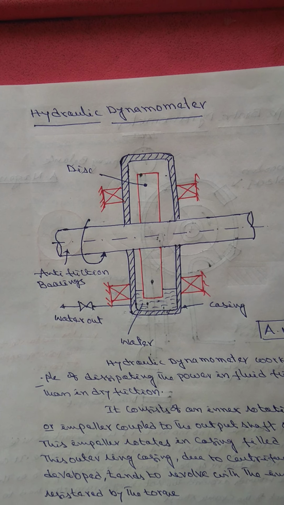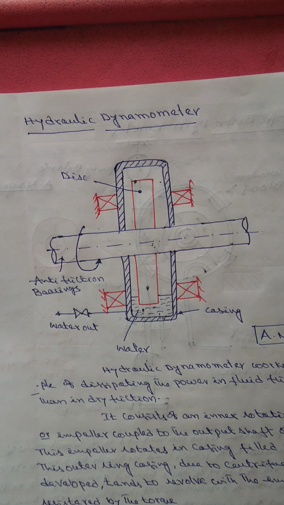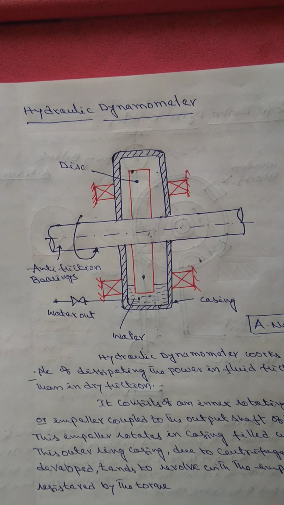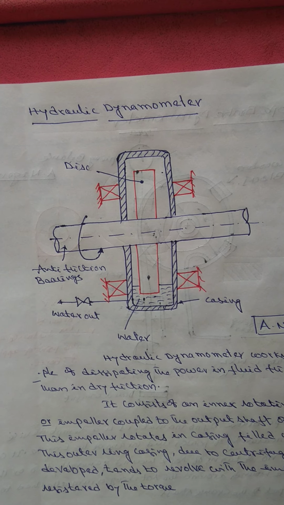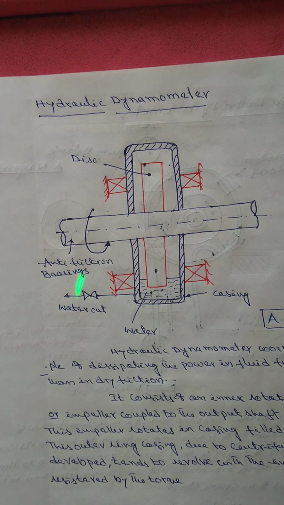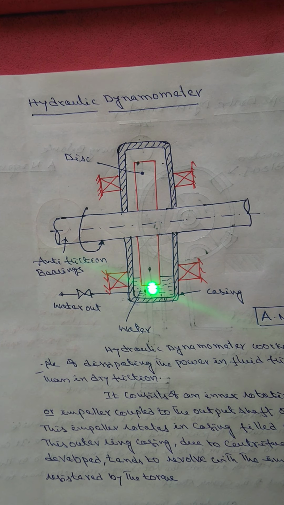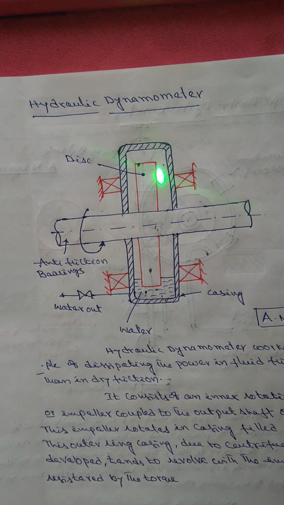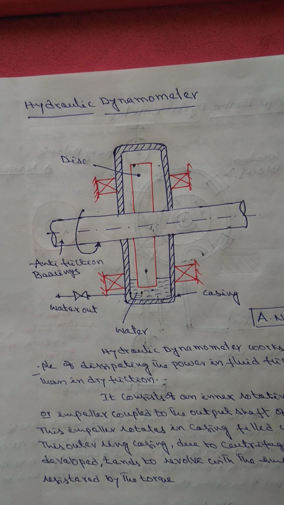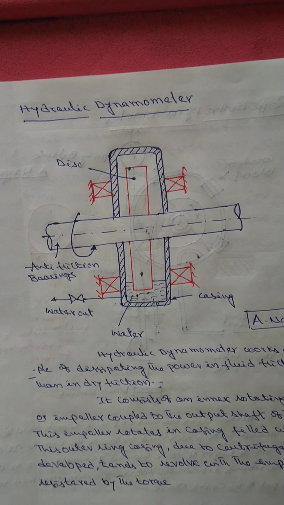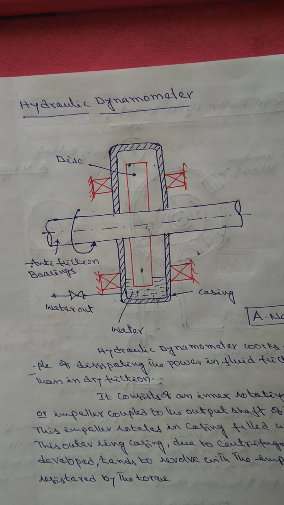Whenever this is connected to the engine crankshaft, it is going to rotate. Then whenever it rotates, the water force will be applied over there. Whenever we apply that water force, friction will be developed. That FHP we are going to find out.